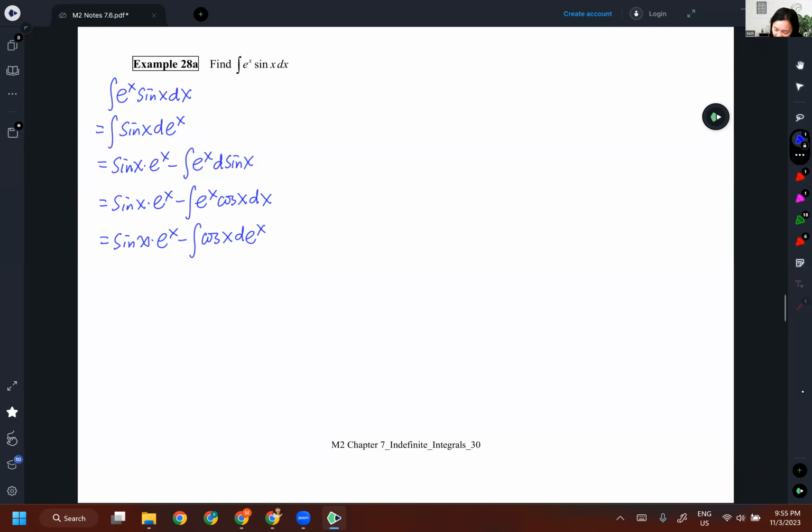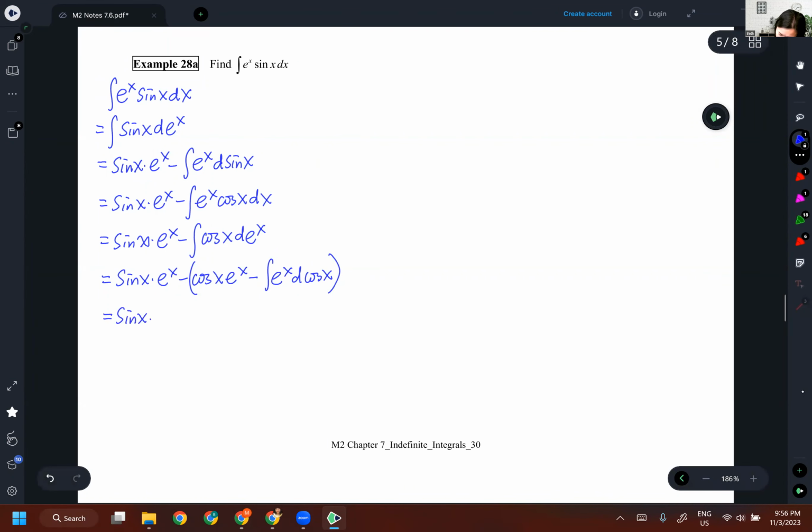Okay, the second time. And then I will have sine x e^x minus cosine x e^x minus e^x d cosine x. And then it's sine x e^x minus cosine x e^x plus e^x, this one is negative sine x dx.